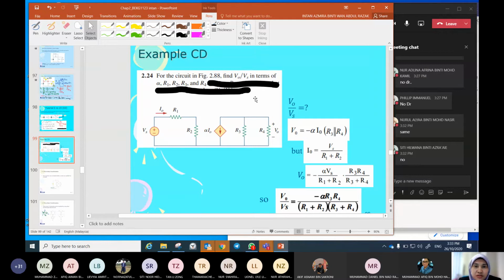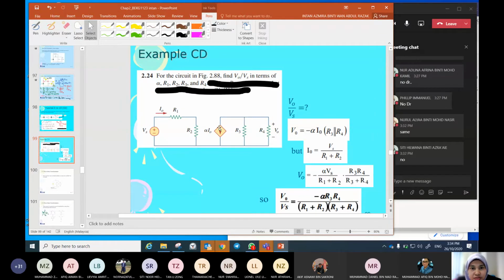So we find V naught and then we find Vs. How about V naught? V naught, it is the voltage drop across R4. Okay, same as the voltage drop across R3 because parallel connection. Okay, so V naught is equal to minus alpha.